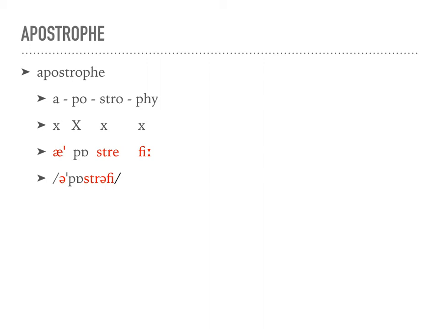What I do is I take the unstressed syllables, so in the case of apostrophe, the first, the third, and the fourth syllable, and I have to think to myself, is it going to be a schwa, or is it going to be an I? Those are essentially the two choices that I have. So I wouldn't say apostrophe, I would say pa, and then stra, of course, becomes str, and phi becomes f, apostrophe.